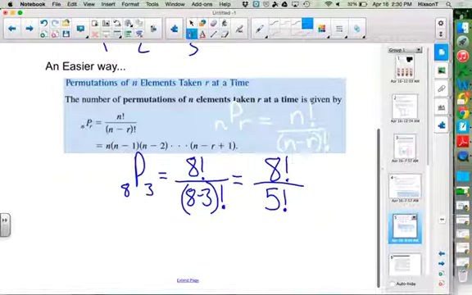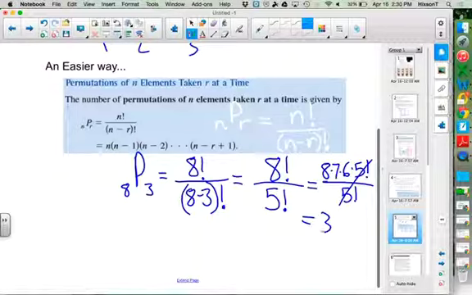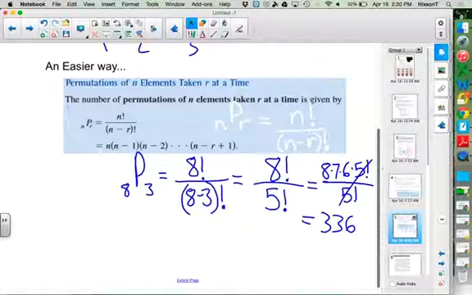If you remember how to simplify, 8 times 7 times 6 times, the rest of it would be 5 factorial over 5 factorial, and then you can reduce that, and that is 336.